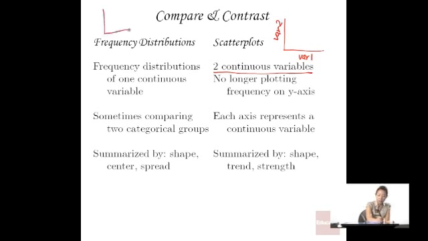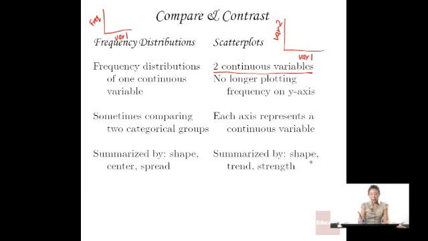Whereas in a frequency distribution, we had variable 1 here, and then we had the frequency of variable 1 here. Notice here there's no explicit representation of frequency. There's no number that we're plotting to represent frequency. And each axis is going to represent a variable.